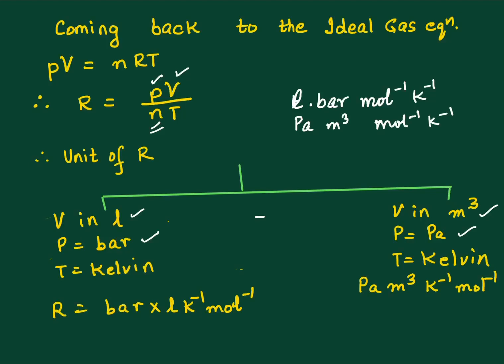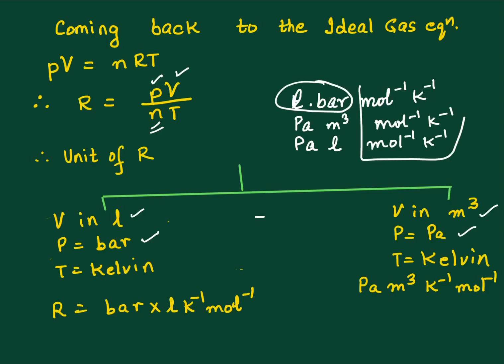If you are taking the pressure in pascals and the volume in liters, then it will be pascals into liters per mole per Kelvin. So it all depends upon what is the unit of pressure and volume you are taking. Per mole per Kelvin will always be there in the unit of R, right?